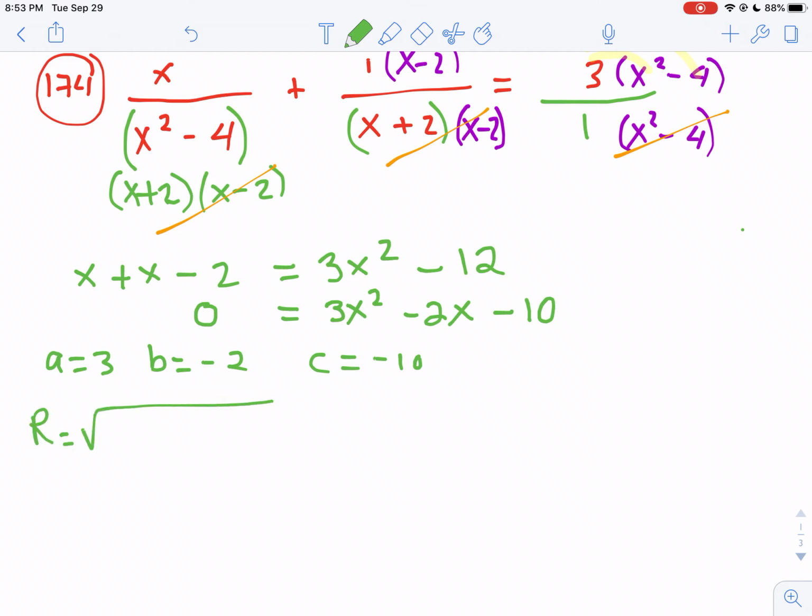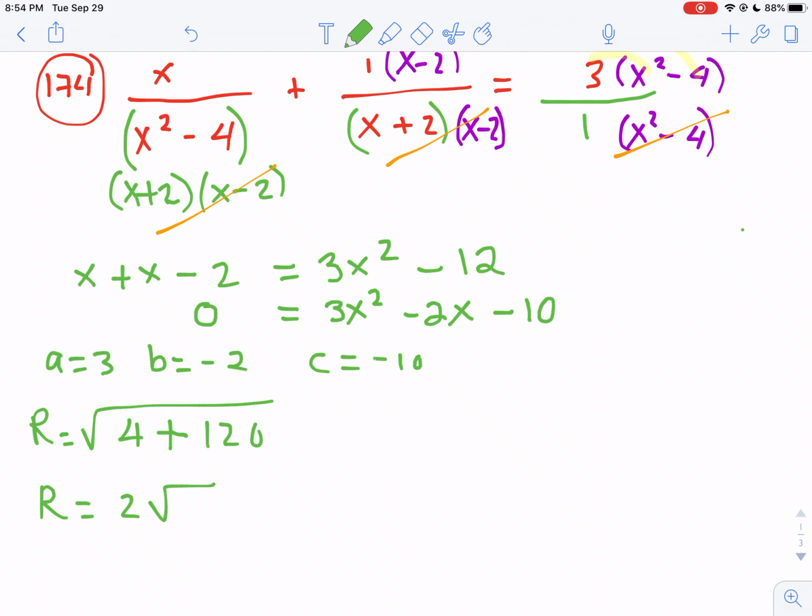B squared, so 4, plus 4 times A times C, so plus 12 times 10 is 120. I'm looking at the square root of 120. I'm just going to punch it on my calculator, and that is equal to 2 radical 30.